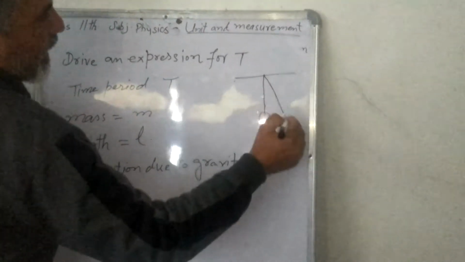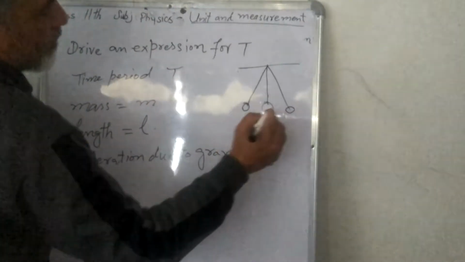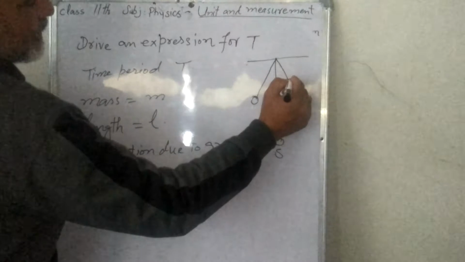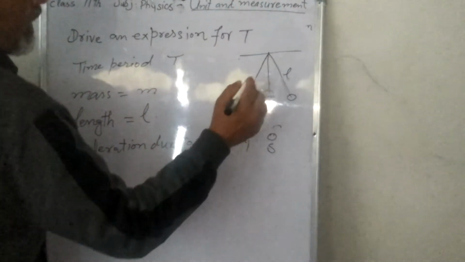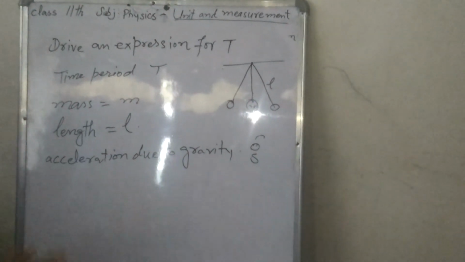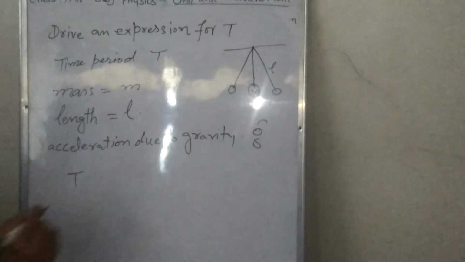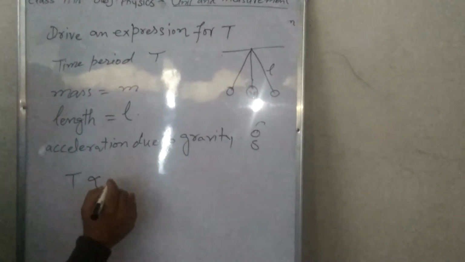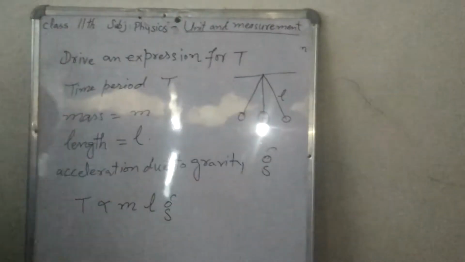Let us draw a diagram of a pendulum for illustration. Here, this is the length of the string, this is the mass of the bob, and acceleration due to gravity. On these factors, we have to derive: time period is directly proportional to mass, length, and gravity.